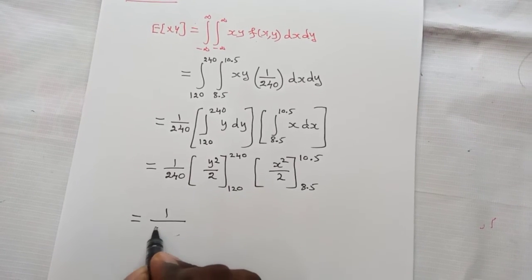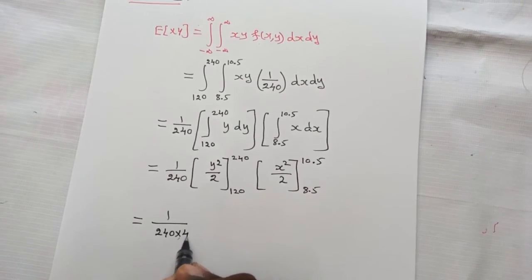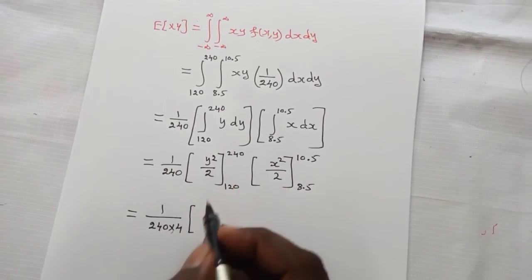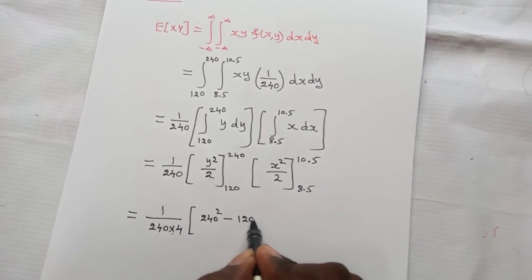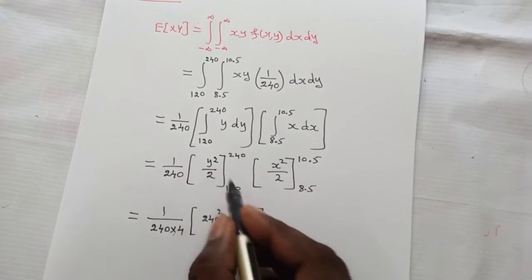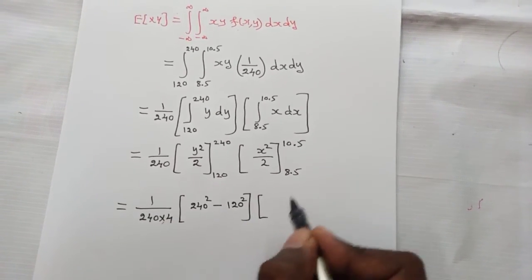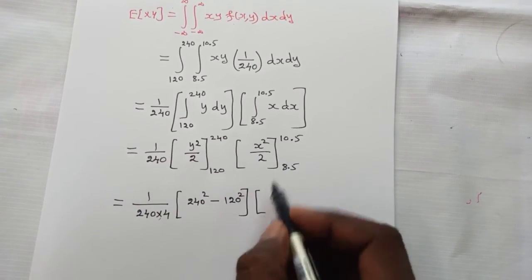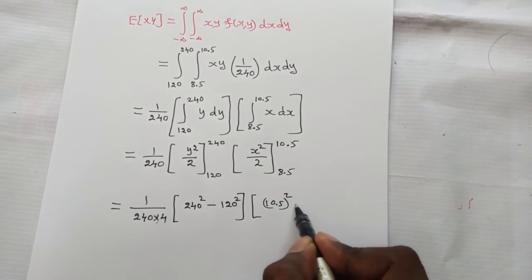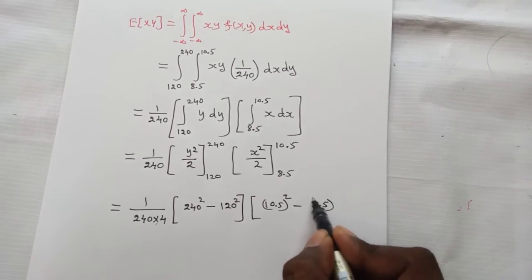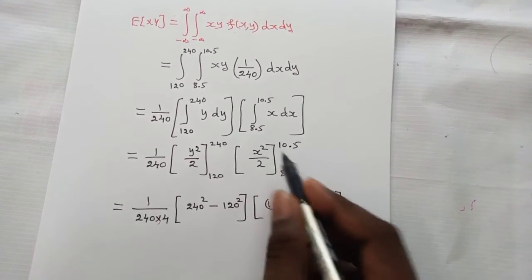So 1 by 240 into 4. Here you substitute the limits: 240 square minus 120 square, upper limit minus lower limit. Here also, after taking 2 outside, this is 10.5 the whole square minus 8.5 the whole square, upper limit minus lower limit.